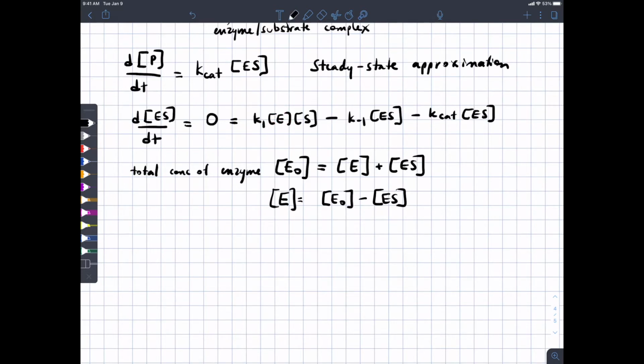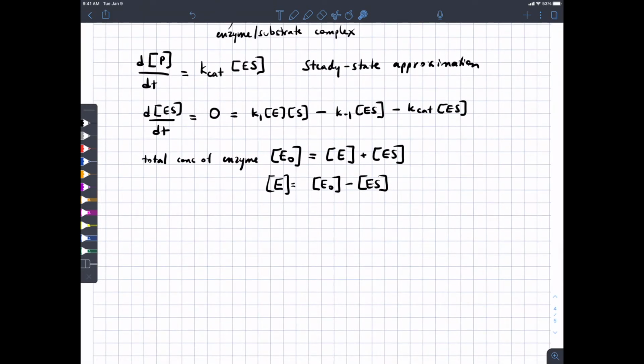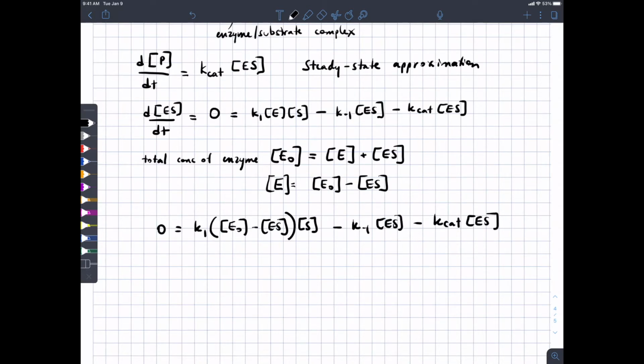So fortunately, we can write the amount of free enzyme as the amount of total enzyme minus the amount of ES. So with that in mind, here's our new equation: K1 times (E0 minus ES) times the concentration of S, minus K-1 ES, minus Kcat ES.